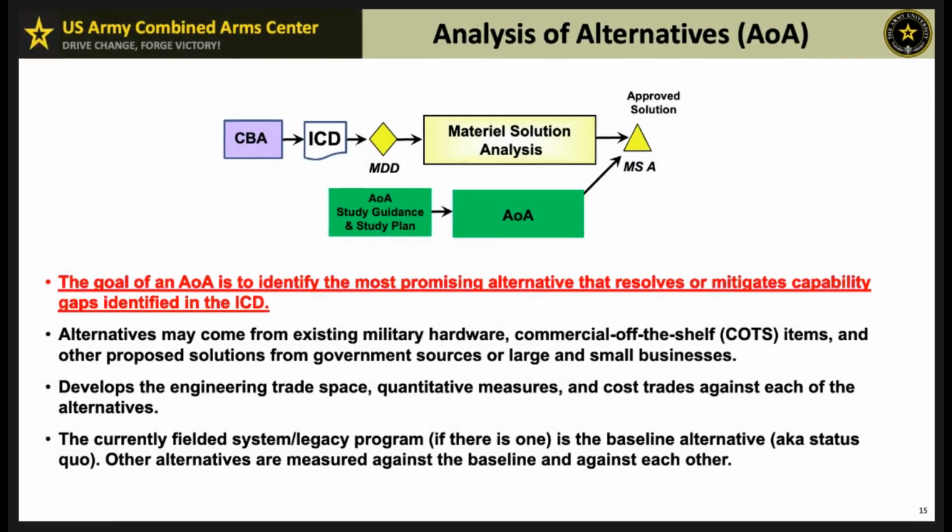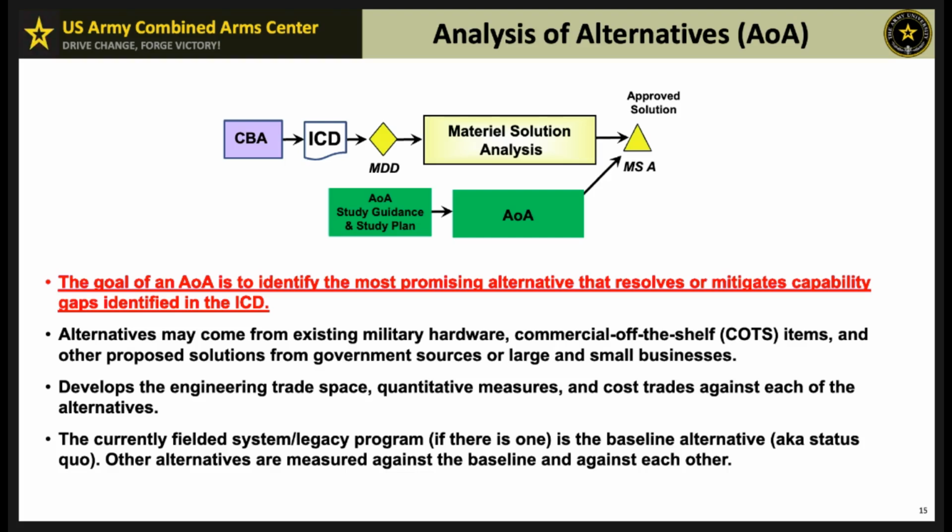The analysis of alternatives, AOA, is a critical component of the defense acquisition system, aiming to identify the most effective alternative to address the capability gap identified in the ICD. The AOA focuses on evaluating existing material options, assessing their operational effectiveness, suitability, and lifecycle cost.